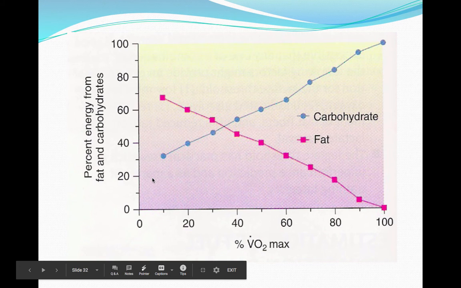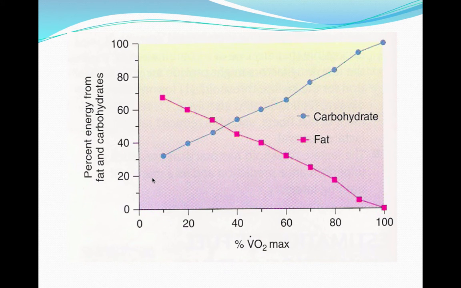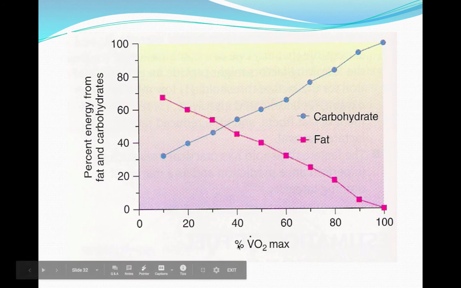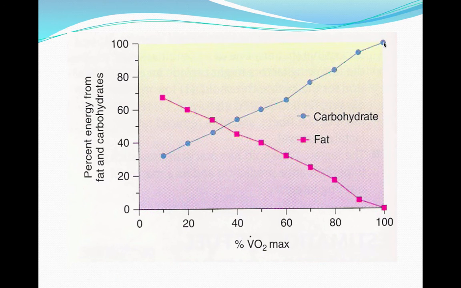We call that the crossover concept. At rest or at a very low intensity, most of your ATP is resynthesized from fat, whereas less is from carbs. But as you start to get more intense, and really below 40% VO2 max isn't so intense, by the time you're at full effort, 100%, you're using 100% carbohydrate and nothing from fat.